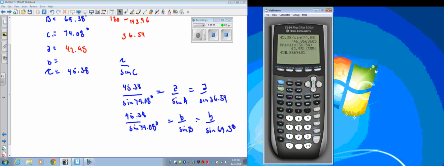And do this. 45.38. Oh well, let's just clear this out. 45. And then do the sine, divided by sine of, it's the 74.08 that we want to repeat, right? Sine of 74.08.